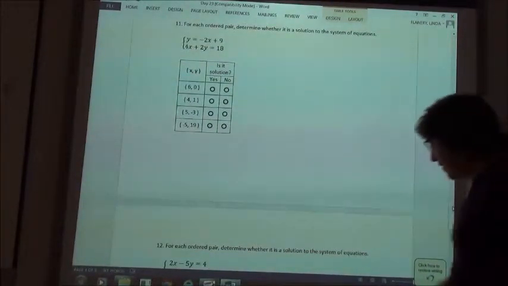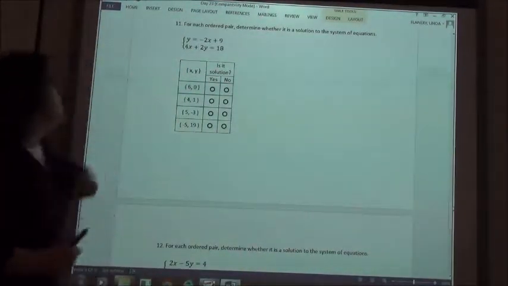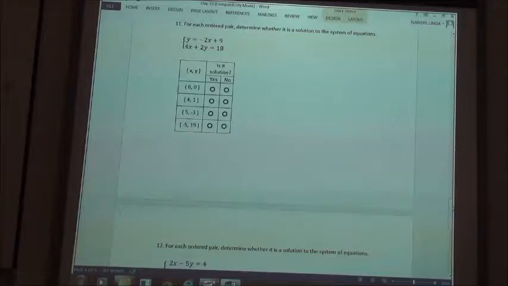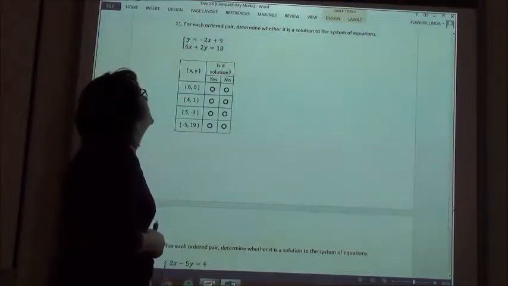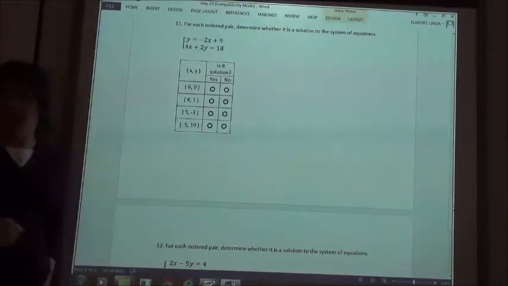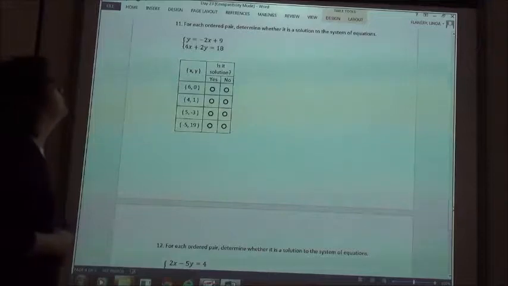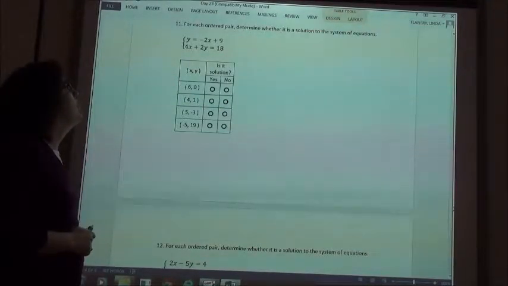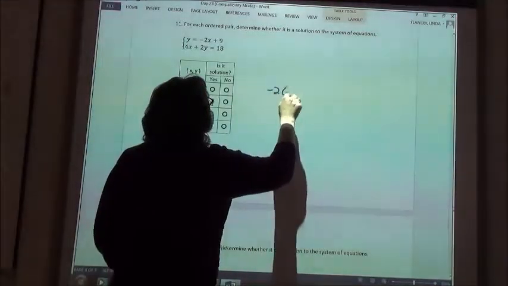So number 11, checking 6, 0 in our first line. How would we do that? Negative 2 times 6 plus 9 has to equal 0.